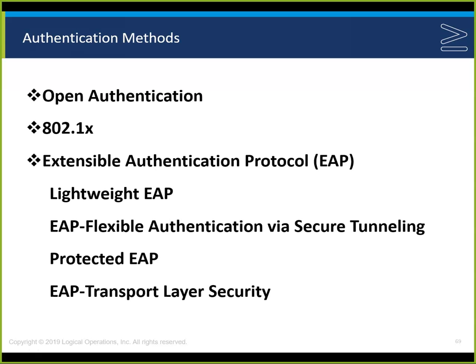The Extensible Authentication Protocol, and we have lightweight, LEAP, EAP-FAST, flexible authentication via secure tunneling, PEAP, protected EAP, and then EAP-TLS, Transport Layer Security. Each of those protocols can be used in 802.1x.